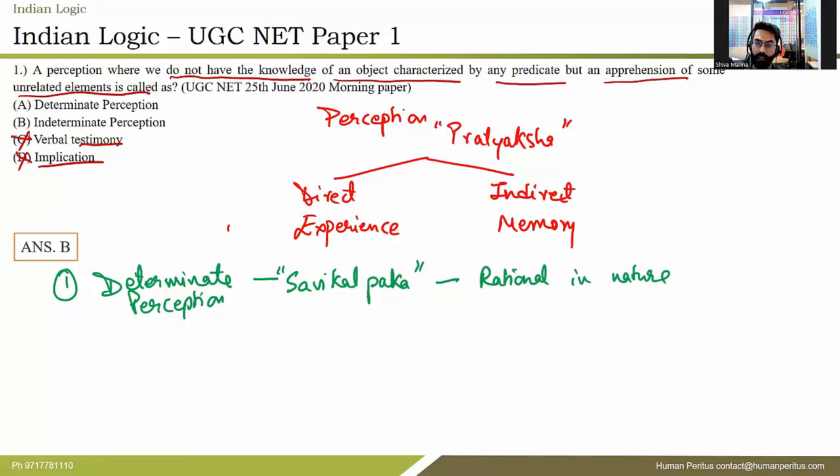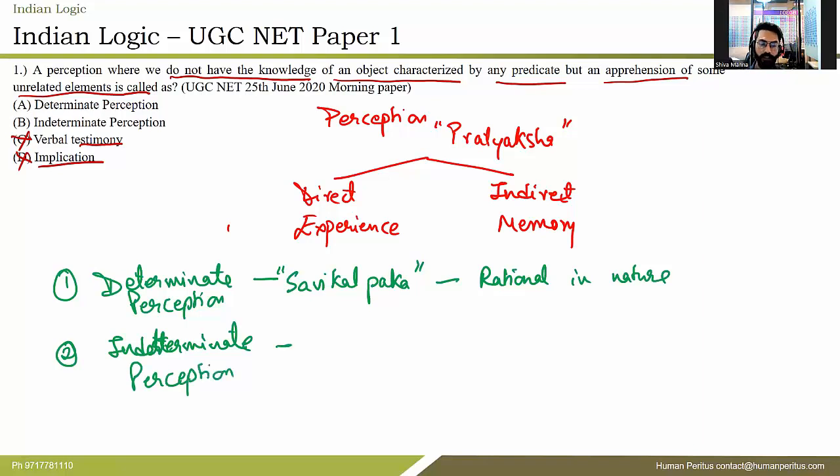How do you get determinate perception? What you actually do is you collect information, you divide it into different parts, then you analyze whatsoever knowledge that you have received, and then synthesize the knowledge. All right. The second one is indeterminate perception.